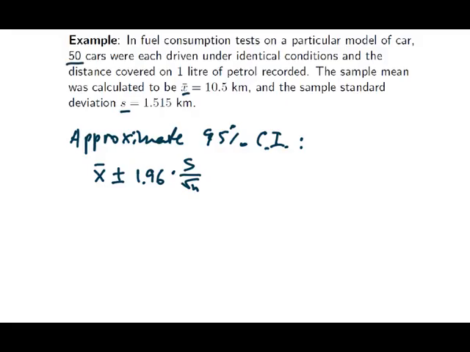The size n is 50, S is 1.515, and x bar is 10.5. So this equals 10.5 plus minus 1.96 times 1.515 divided by the square root of 50.